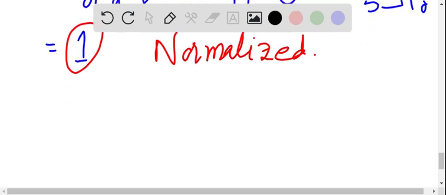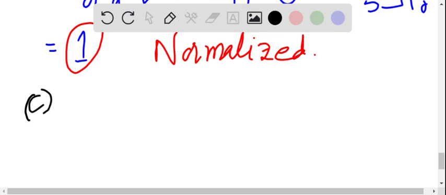Now the next part is part C, in which we need to find out the expectation value of r^s, right? And then we also need to find out the range for which this would be finite.